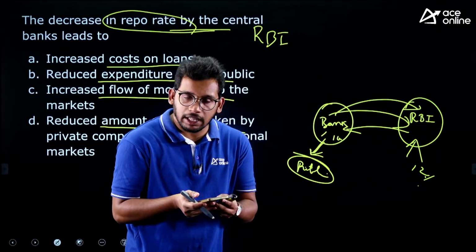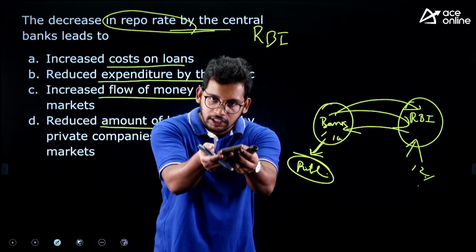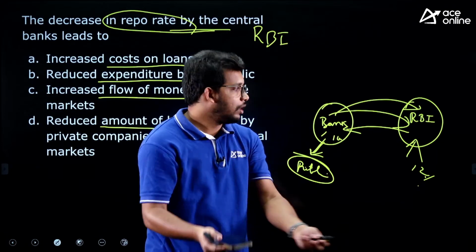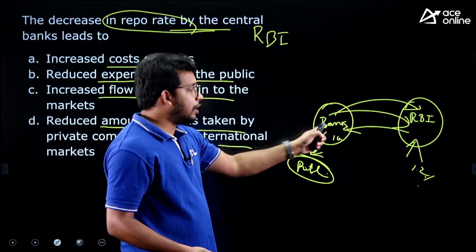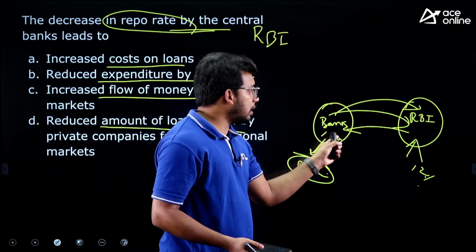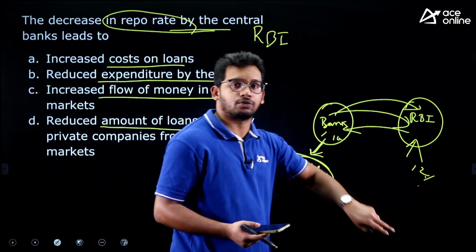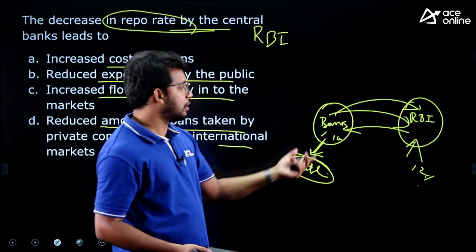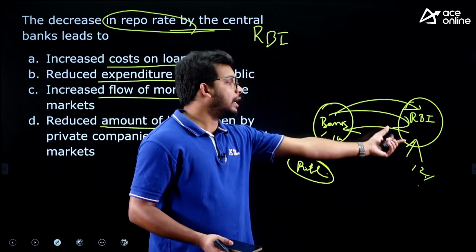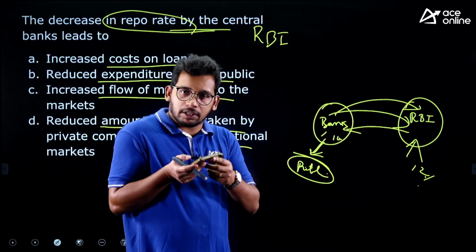So RBI will say that we have a bond, take this bond, a 10 crore bond, and give us 10 crore now. In future, we will give you an interest rate of 10%. So you are giving 10 crore now, we will give 11 crore after a few years. So banks will give money to the RBI and they will take the bond. They will keep this bond with them.